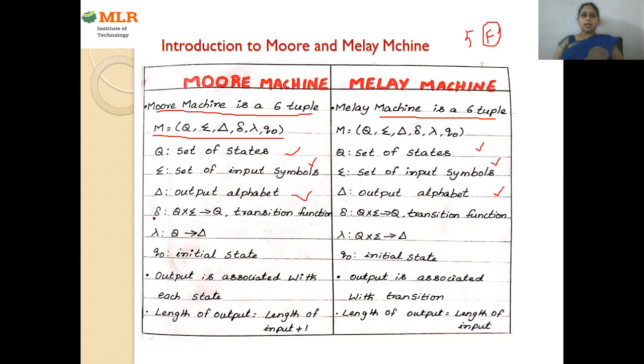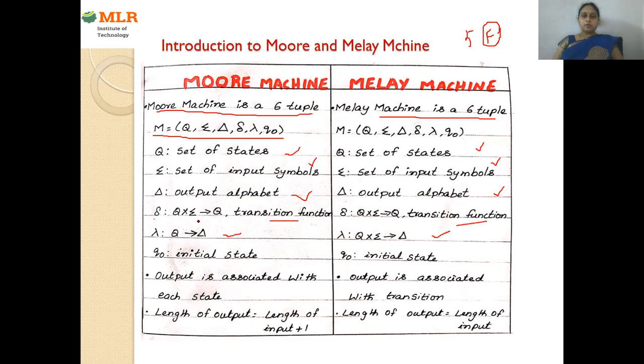Small delta is the transition function, Q times sigma to Q, in both Moore and Mealy machines. The difference is only in lambda. Lambda is a mapping based on the output: in the Moore machine it is Q to capital delta, and in the Mealy machine it is Q times sigma to capital delta.